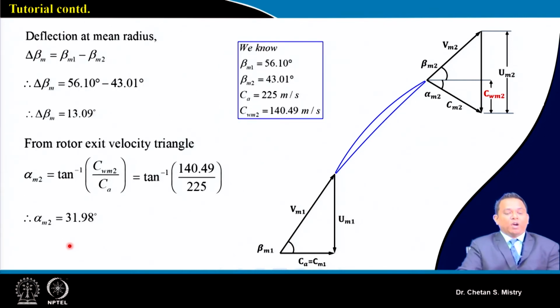This gives me delta beta at mid station, which is coming 13.09. In the same way we can calculate alpha 2 and C2, because those parameters are required when we design the stator. Tan alpha 2 is given by Cw by Ca, and alpha 2 is coming 31.98 degrees.